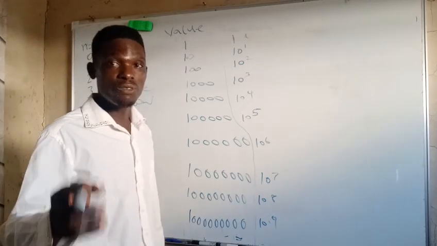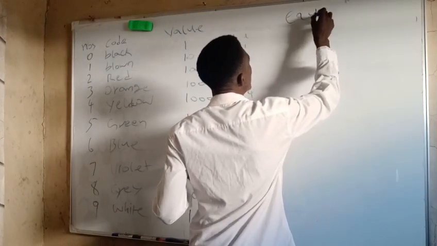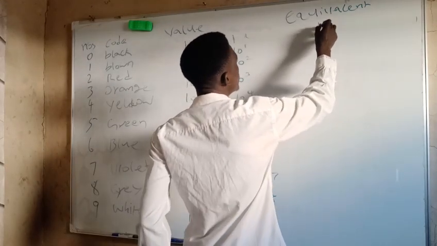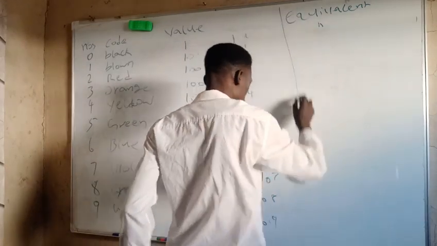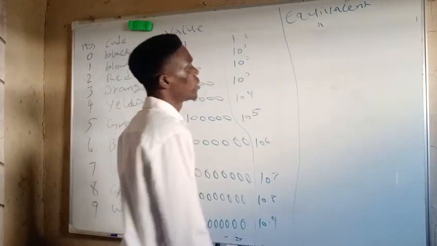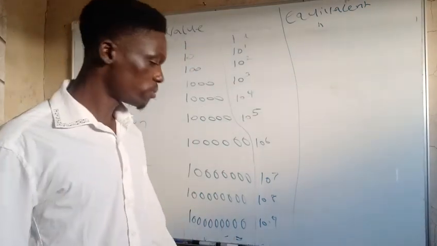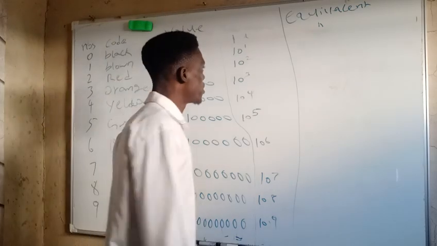So let me give you the equivalent. What do you mean by equivalent? Equivalent, we have ohms here. I will tell you about the equivalent of this resistor right now.